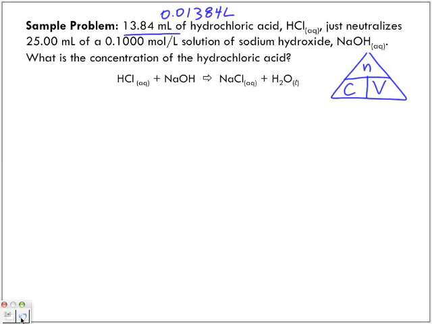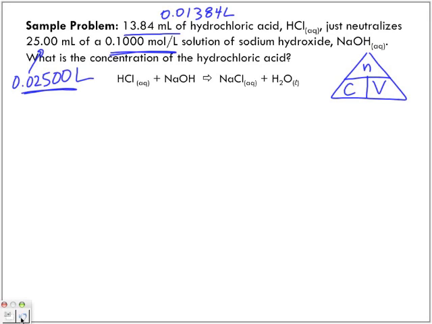Because from the information we've got here, we're going to convert this to 0.025, I'm going to put in the 00, but we're just going to put it off to the side when we're solving it, liters, just to make things a little bit cleaner. But using this information, what can I find using this and this of sodium hydroxide?